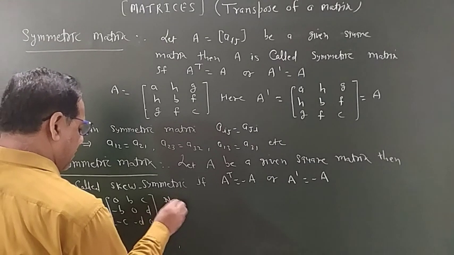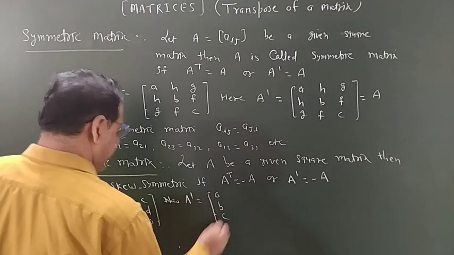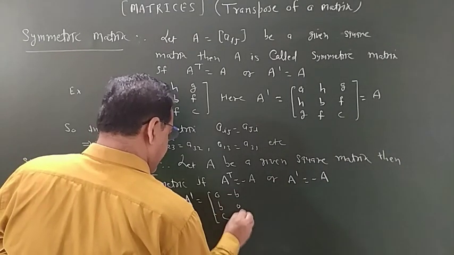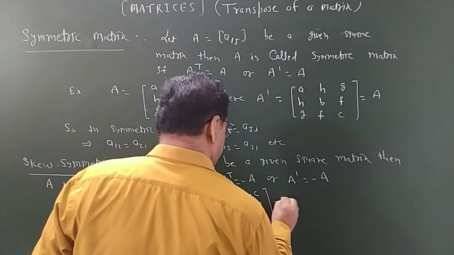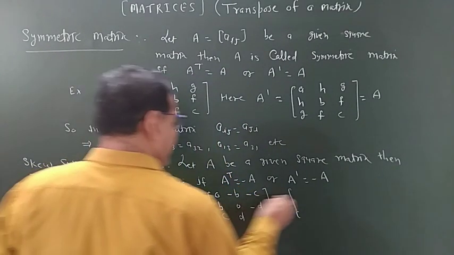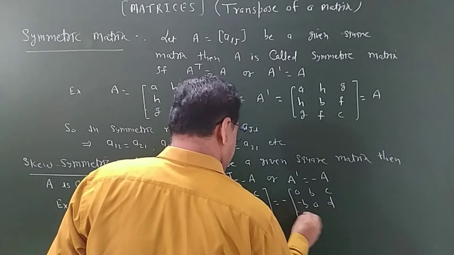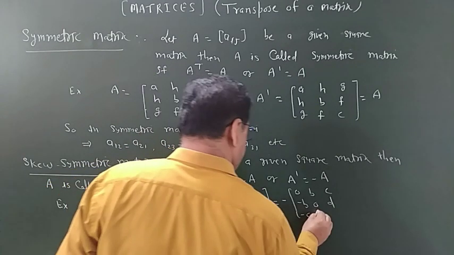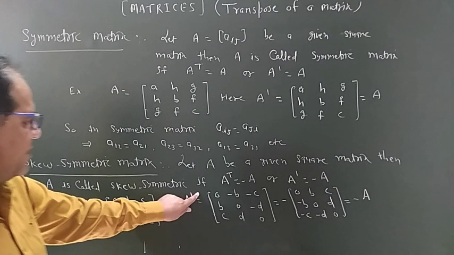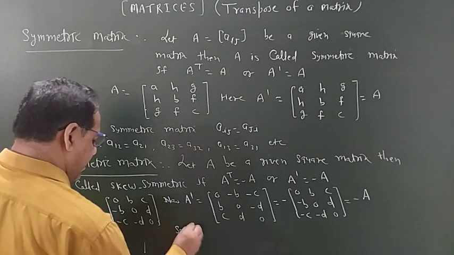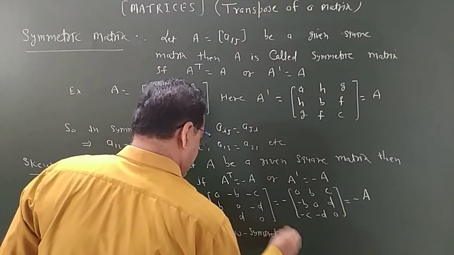Now A transpose equal to, we have 0 B C, so this becomes 0 minus B minus C, B 0 minus D, and third row C D 0. Taking common minus from the matrix, we have minus of 0 B C, minus B 0 D, minus C minus D 0, which is equal to minus A. So in this matrix, if you find A dash, we get minus A. So A is skew symmetric.